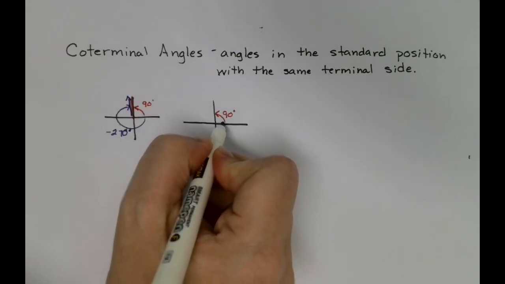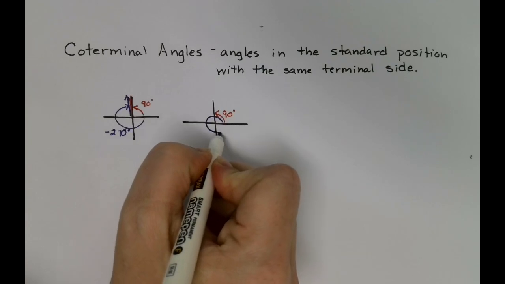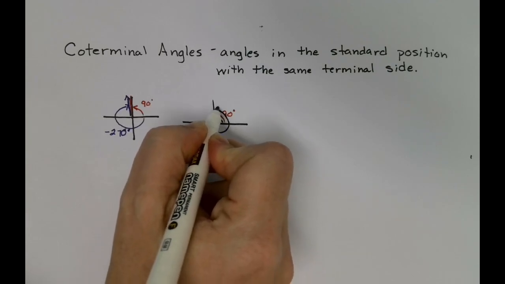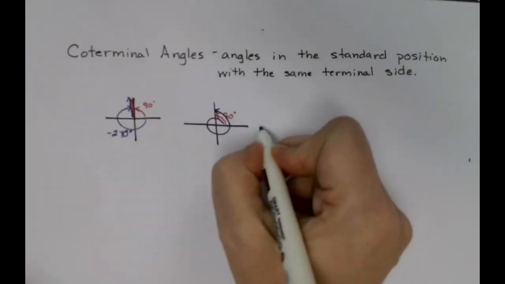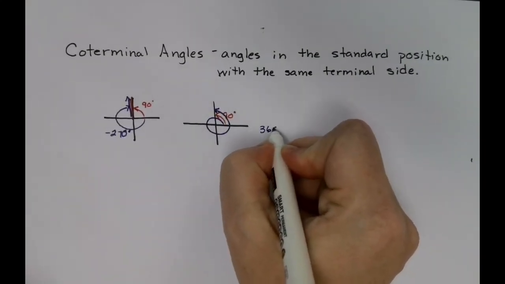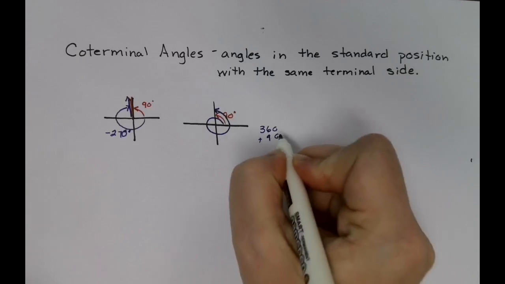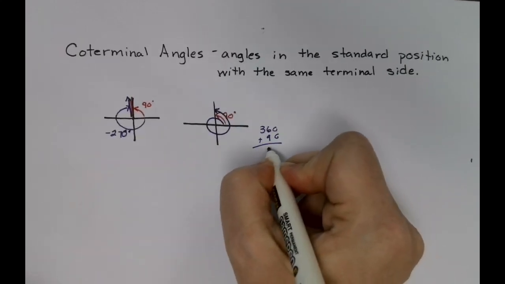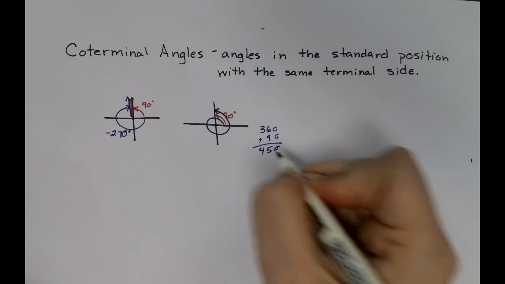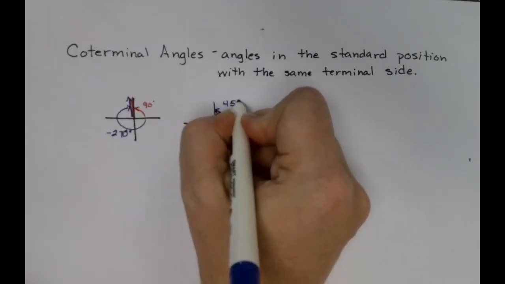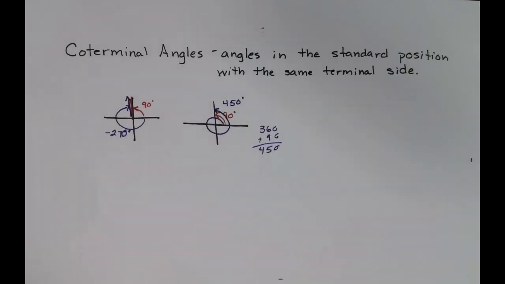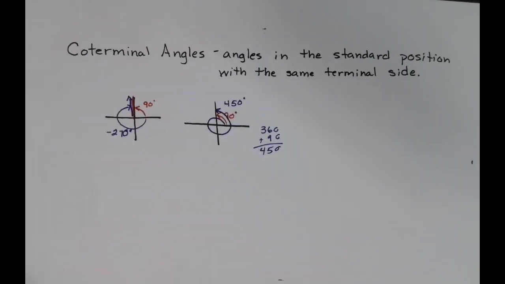So starting here, and then looping all the way around, there's 360 degrees, and then we add all the way around till we get to that same terminus. So the way that we figure out where that is, you take your full circle, the 360, and you add to it the 90 that we had, which is going to give us 450 degrees. So that would tell us that a 450 degree angle would also be coterminal with the 90-degree angle.